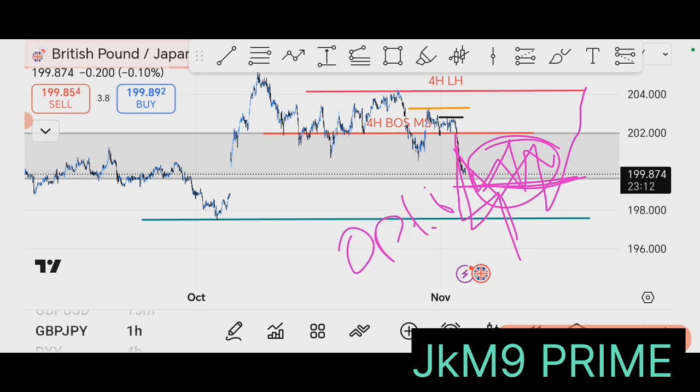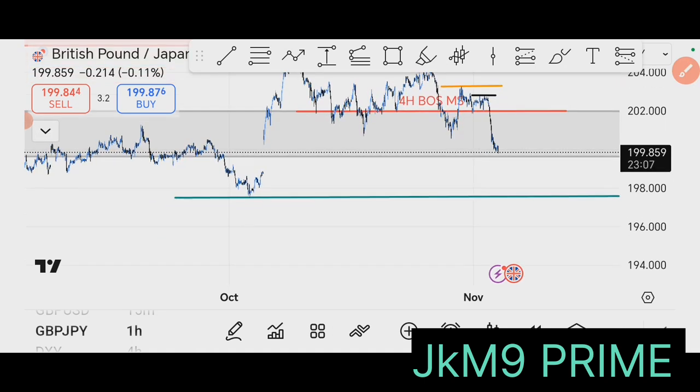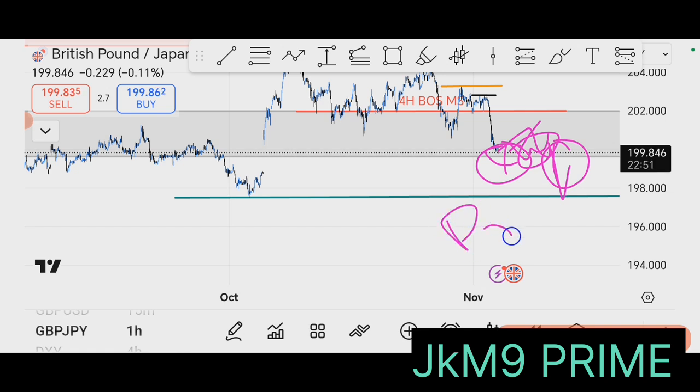Based on that, we clearly understand these structures, and only then can we take a confident entry. We cannot assume that price showing some rejection means buy, or one long down candle means sell. We cannot decide on price action alone.